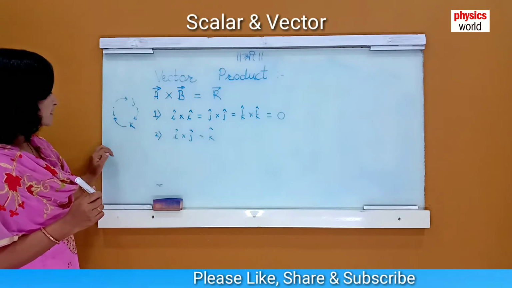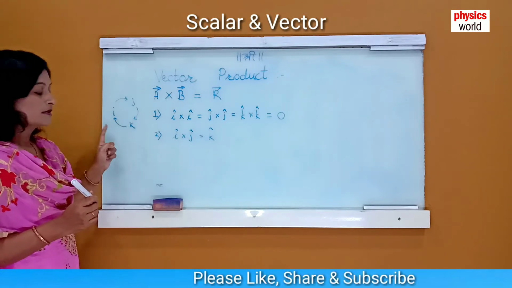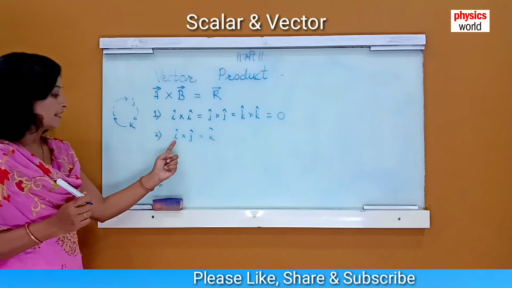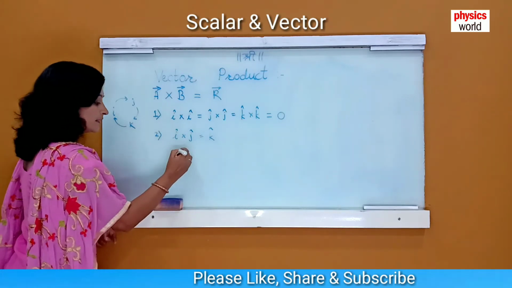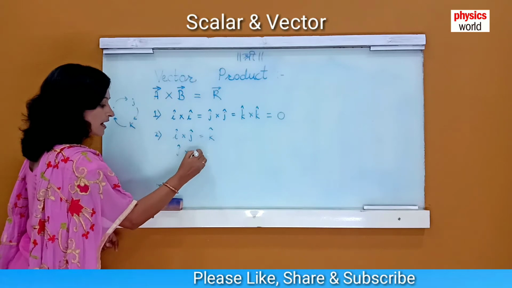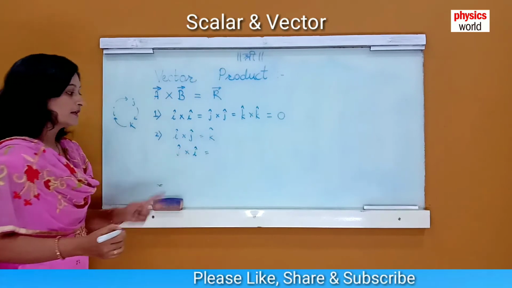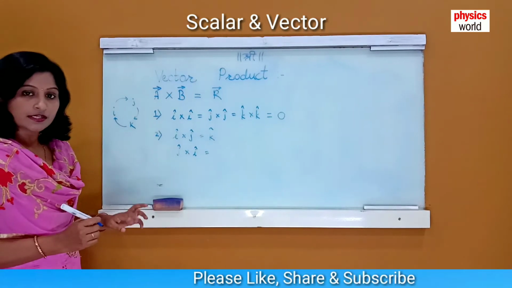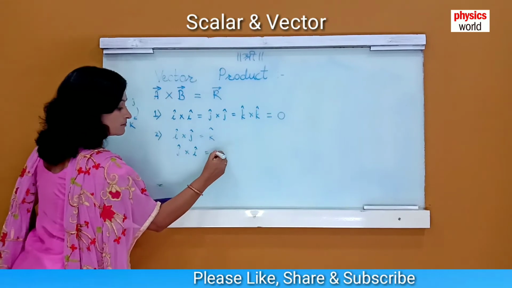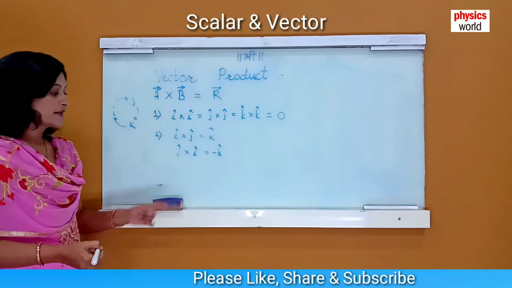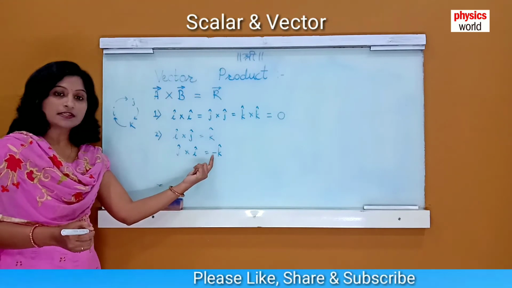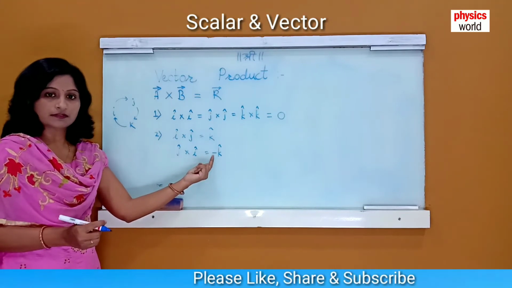But the condition is that they should be in the circle. Means if i is multiplied with j, it will be k. If the reverse happens, j multiplied with i, then the answer will be different. It is not k, it is minus k. We have to reverse the direction. Hence, the direction change gives a negative sign here.